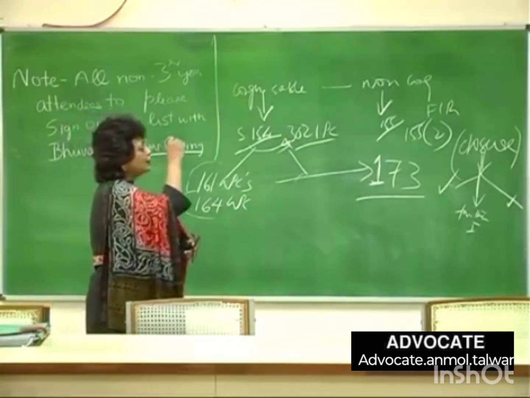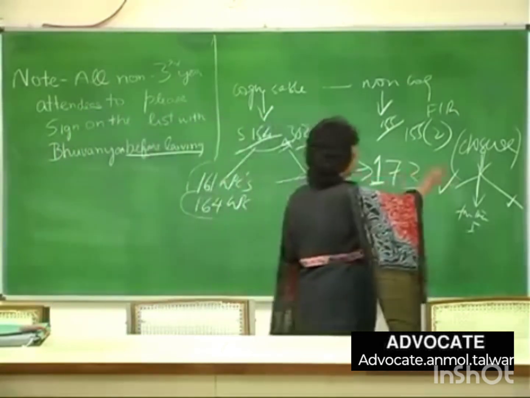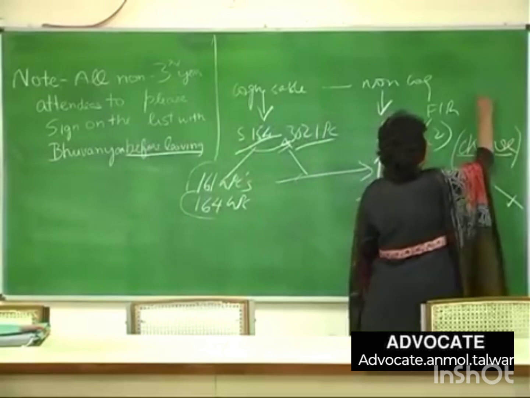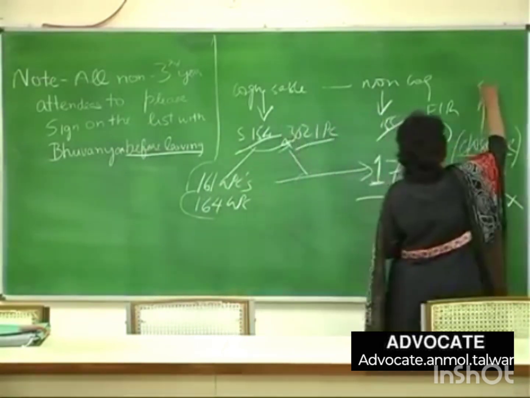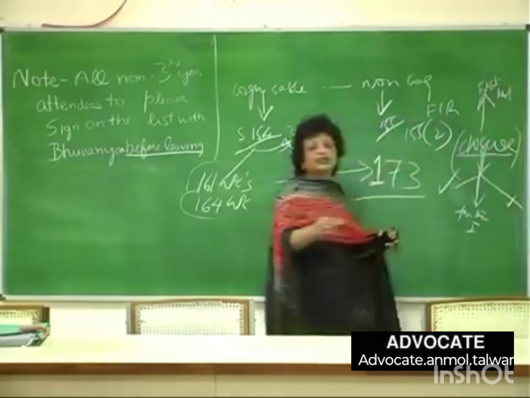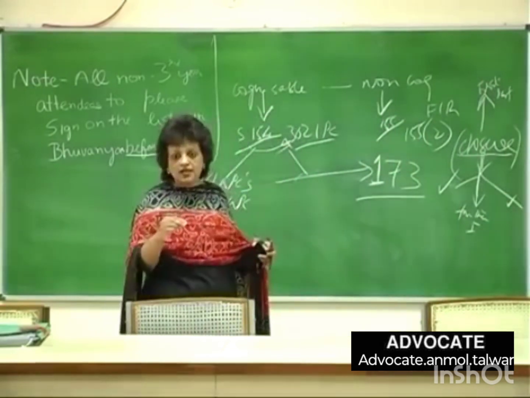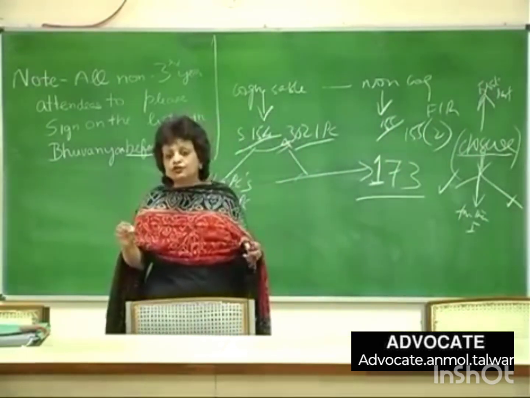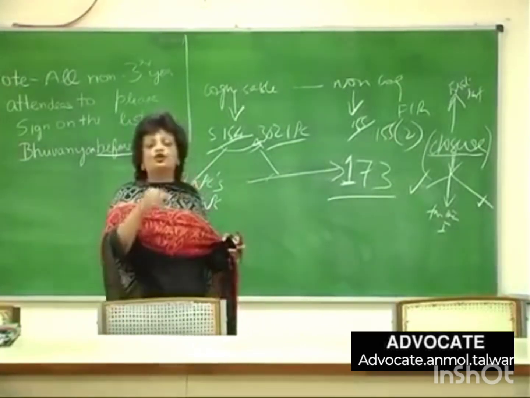The first informant in that case, before I come to that, when a closure report is filed, under law, the magistrate must first issue a notice to the first informant, informing the first informant, look, the case that you have started on your first information report is now sought to be closed. If you have anything to say about it, you are welcome to join proceedings.